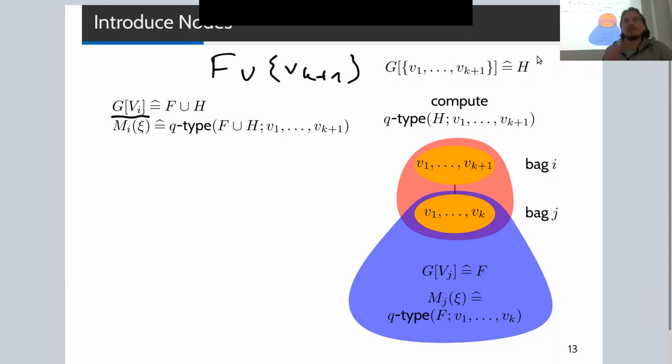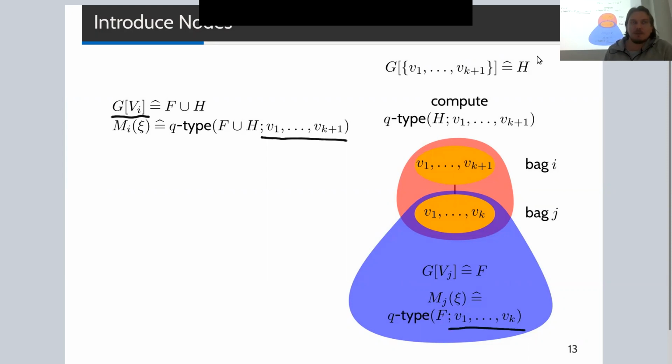So we need to add a single vertex to F, and our graph H does exactly that. The new thing is that we now need to compute the Q-type on the larger boundary, on v_1 to v_{k+1}. So this is a little bit different. Now the boundary changed. We have stored the Q-type on v_1 to v_k, but we need the Q-type on v_1 to v_{k+1}.